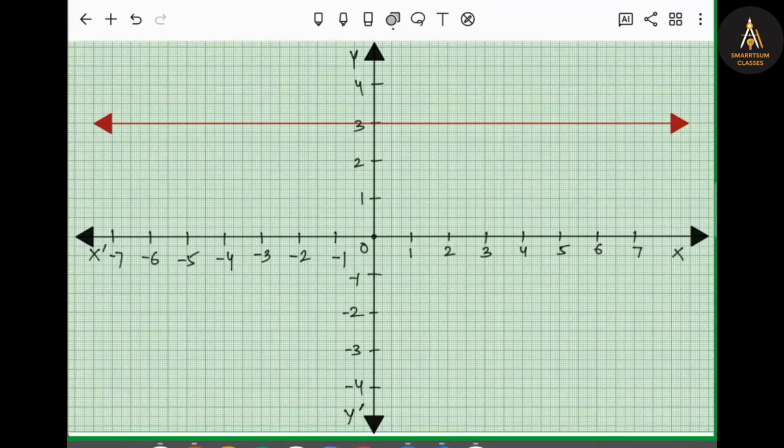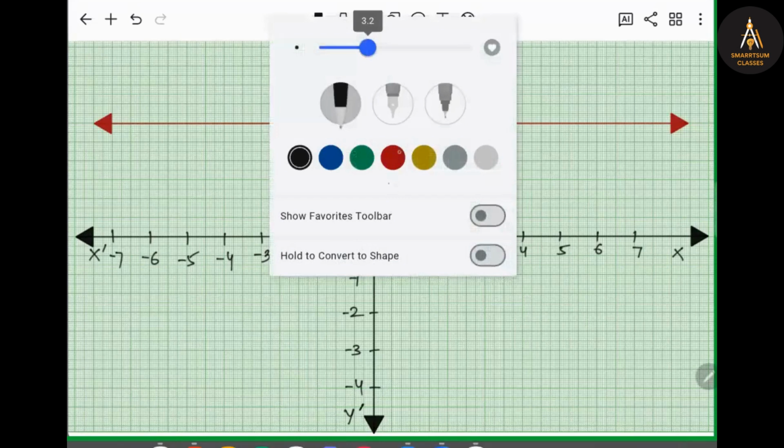So there can be infinite number of points on the lines, whether it is x-axis line or a y-axis line or some other line, as you can see here, the line in red color, right? Now suppose there are points which are lying on this line.